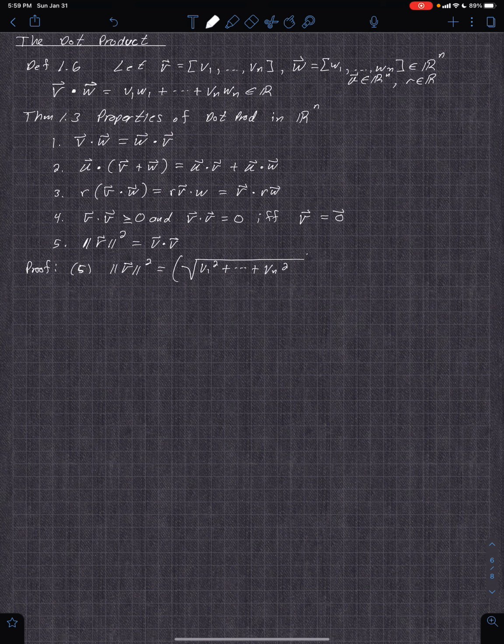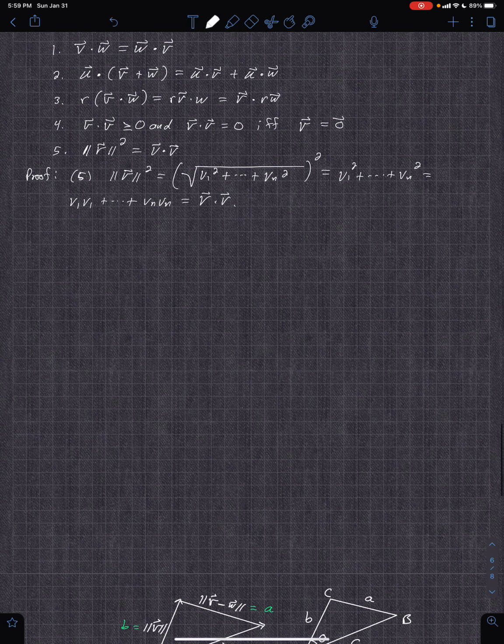So that's equal to V1 squared, etc., to Vn squared, which is just V dot V. Okay, so that makes sense.